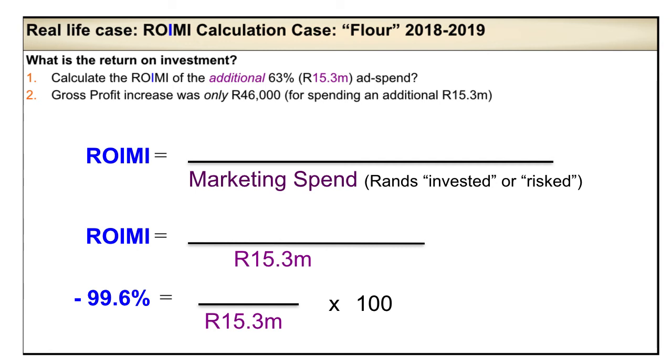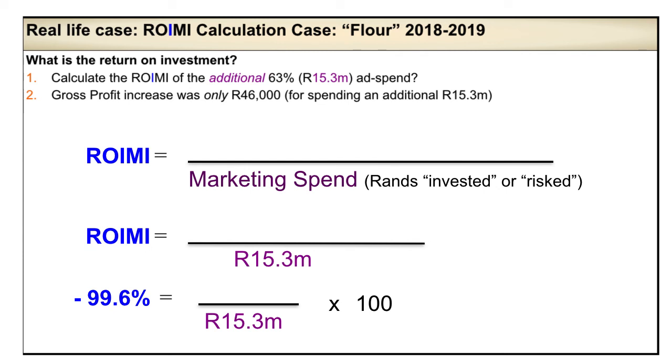Now, nothing had changed amongst the competitors. Nothing had changed in the channel. Nothing had changed in her company. Nothing had changed in any of the PESTEL environment. And she thought, well, let's really go for the jugular and make an absolute killing this year, and asked to double her budget, which was 15.3 million.